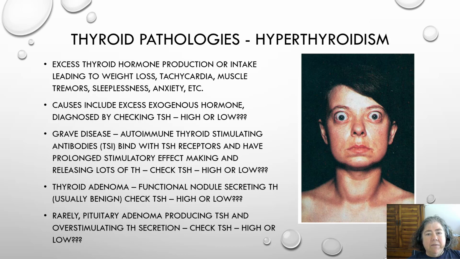Another cause of hyperthyroidism, and this is a relatively common cause, is an autoimmune disorder called Graves' disease. And in Graves' disease, the body makes antibodies that actually look like TSH to TSH receptors, and they also bind more strongly to TSH receptors than TSH does.